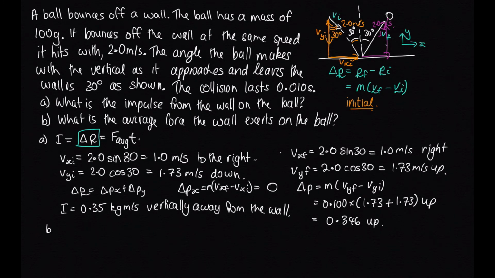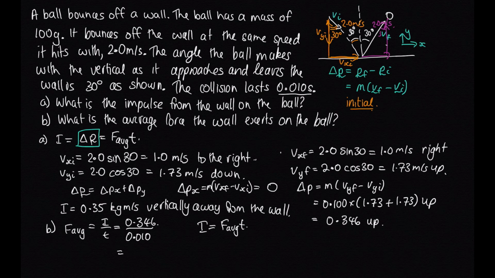And then part B, we're asked for what's the average force. The average force is equal to the impulse divided by the time, just from rearranging our equation that the impulse is equal to the average force times the time. So we've just calculated the impulse, it's 0.346, and the time is given up here, it's 0.010.